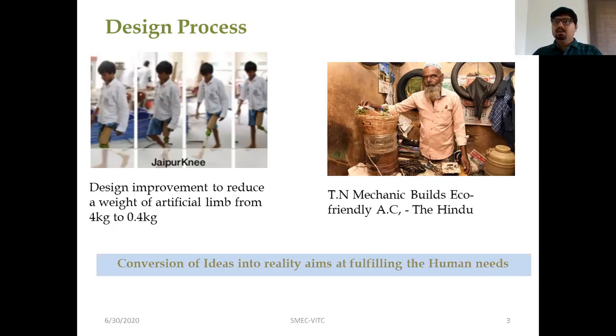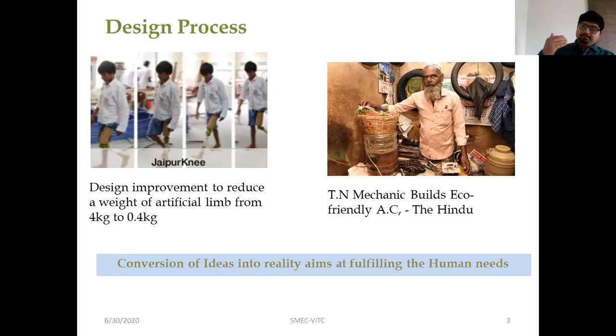They are already not able to carry their own weight and are able to walk. In addition to that, we are making them carry 4 kg of this artificial limb attached to their legs, and we are expecting them to drag it with their energy.